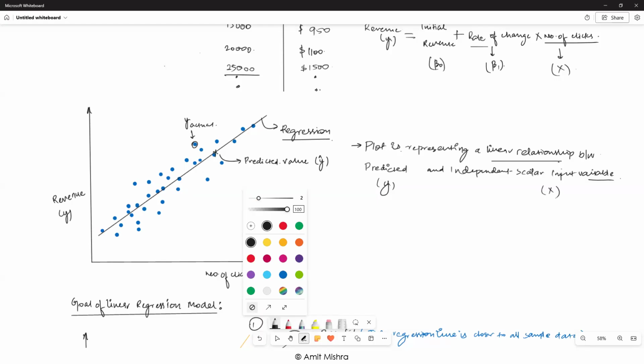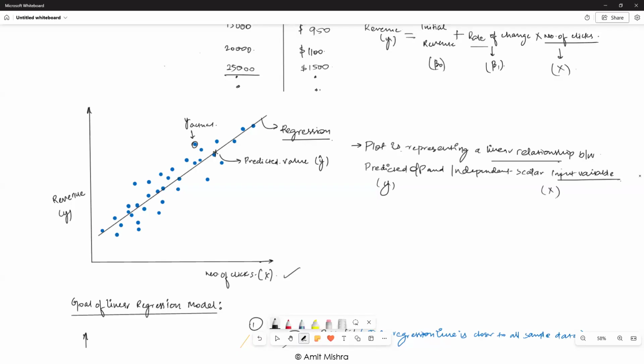In this case, our predicted output will be there, and we'll have a scalar independent variable. So, the predicted output and the scalar independent or input variable, which is represented by x. On one side we have the y value, on the other side we have the x value.